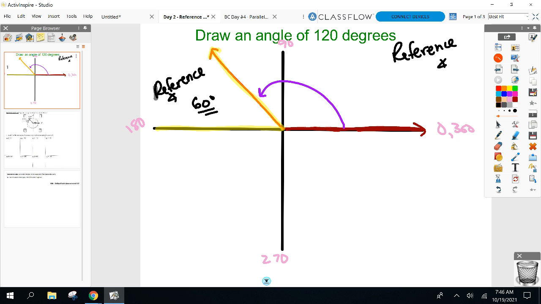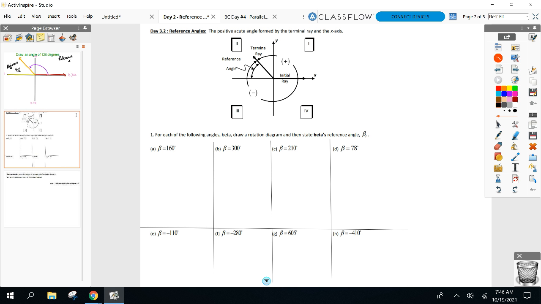Okay, so that's what an angle's reference angle is going to be. All right, let's tackle a couple here. I think that activity was a little better than trying to describe this crazy diagram I have here. For each of these angles, now you see beta, that's another Greek symbol. Remember sigma last unit? Beta is a Greek symbol.